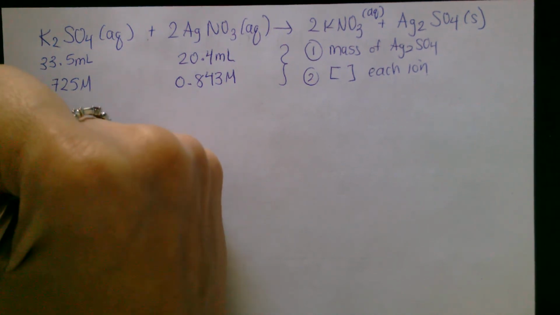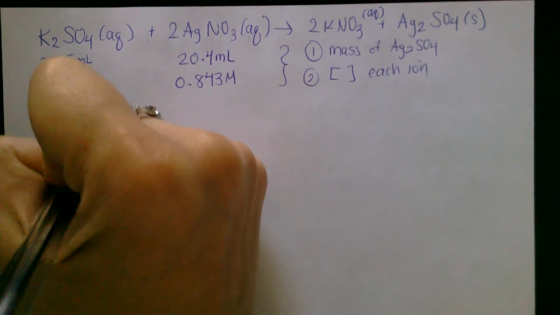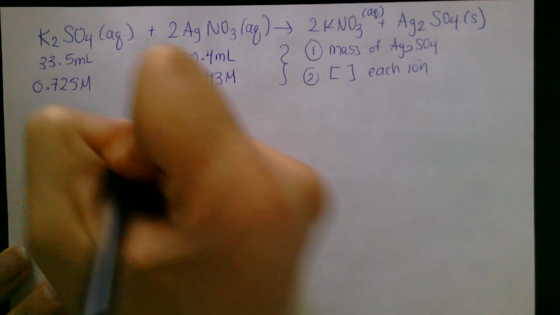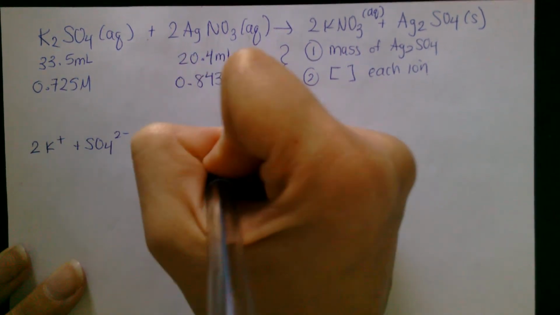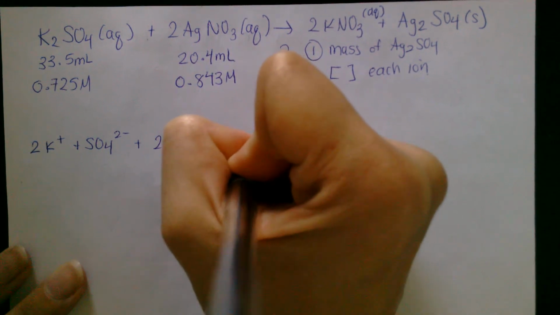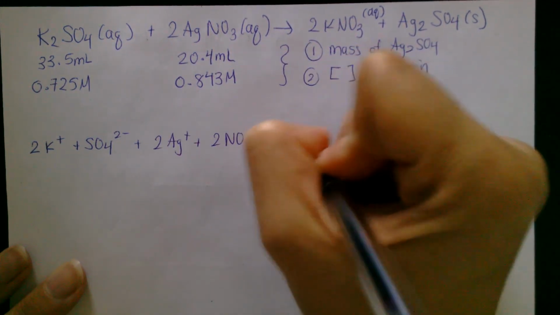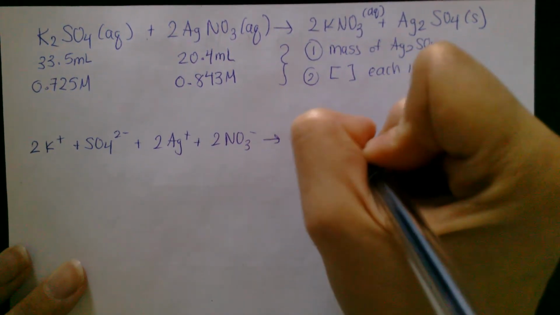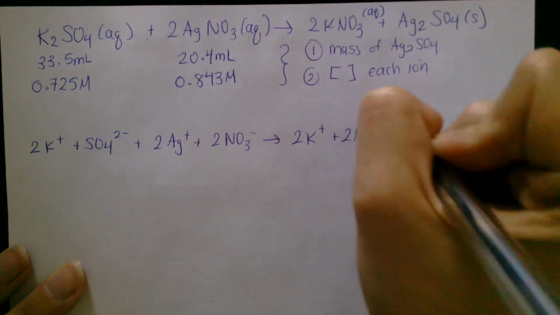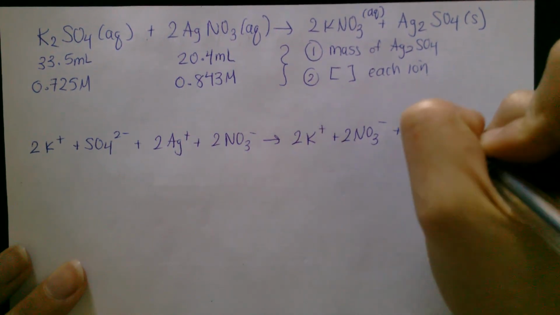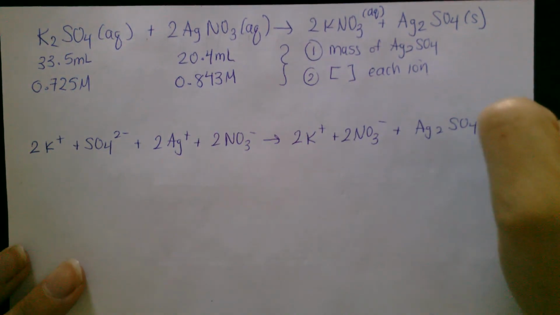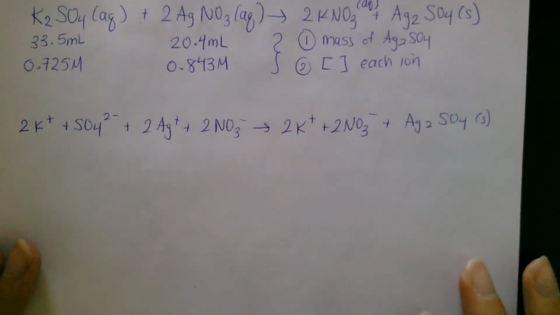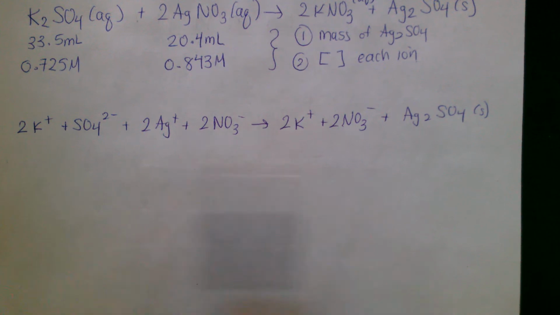So that's 2K+ plus SO4 2-, plus 2Ag+ plus 2NO3-, arrow 2K+ plus 2NO3- plus Ag2SO4 solid. Okay, here is my total or complete ionic equation.